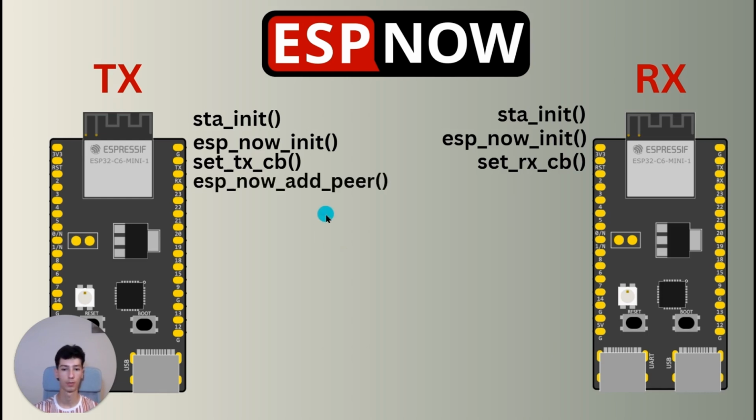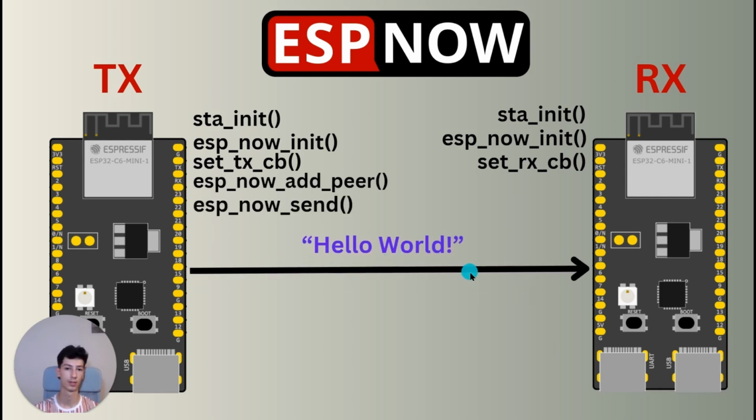So we will add the peer and then we'll simply send the data. The data will be, for instance, hello world, and after that there will be two function triggers, as I have already told you: the TX callback on the TX side and the RX callback on the RX side, obviously. And that's pretty much it.